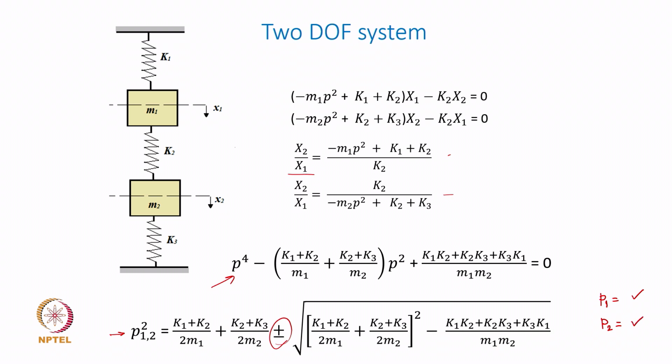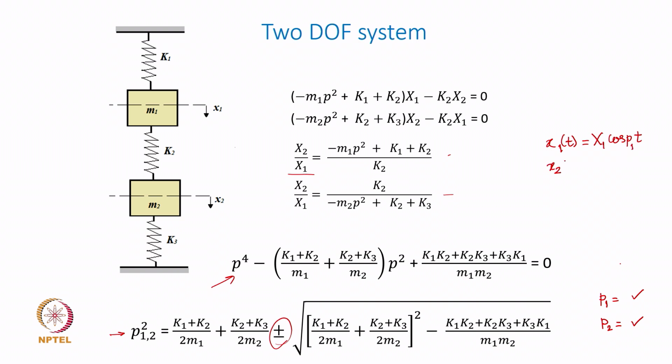Now, we already know that if we have 2 degrees of freedom, there will be 2 natural frequencies, and therefore in this solution we get 2 natural frequencies. What is important again is that we have assumed x1(t) to be equal to capital X1 cos Pt. Now, in this case that P will become, let us say, P1.